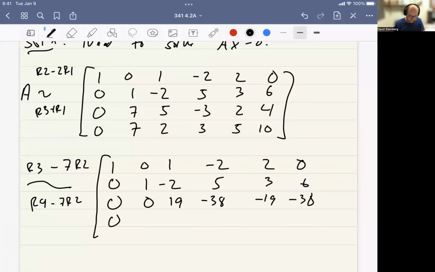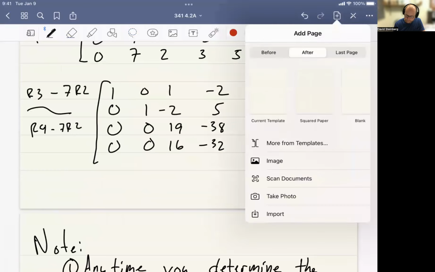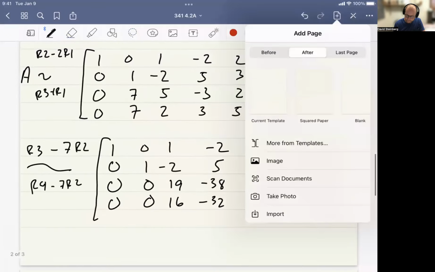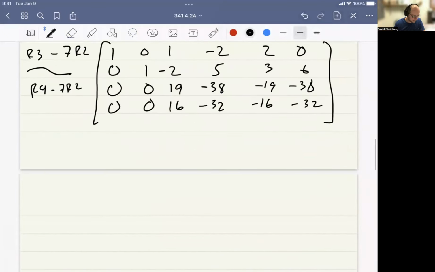And 0 and 0, 16, negative 32, negative 16, negative 32. There we go. Okay, let's scale the third and fourth row just to make them more manageable. Let's do 1/19 of row 3, 1/16 of row 4.